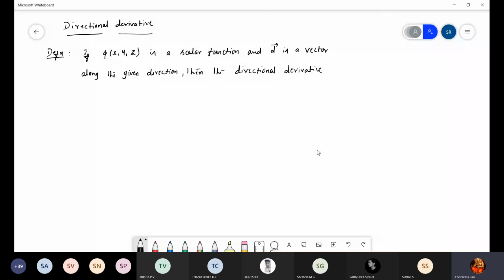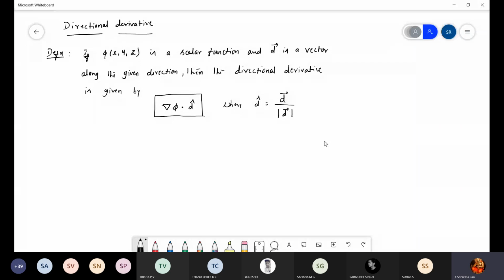Then the directional derivative is given by, next line, grad phi dot d cap. So this is the formula, where d cap is the unit directional vector, d cap equals vector d divided by its magnitude.